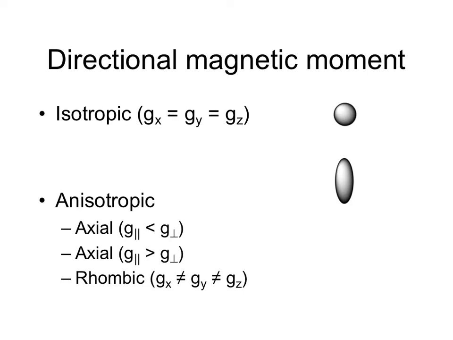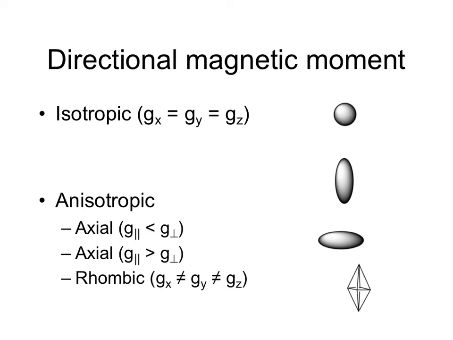The second axial case is where the g values that are parallel to the magnetic field are larger than the g value that is perpendicular to the applied field. And the third case is if all 3 values were different. And so in this rhombic case, the z, x, and y directions are all different in magnitude.